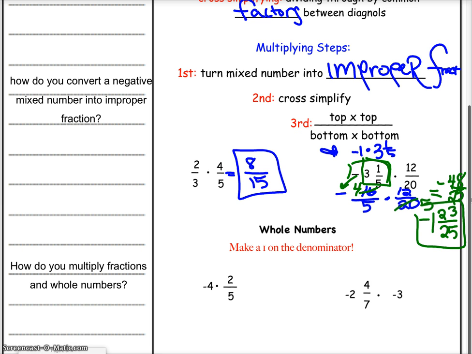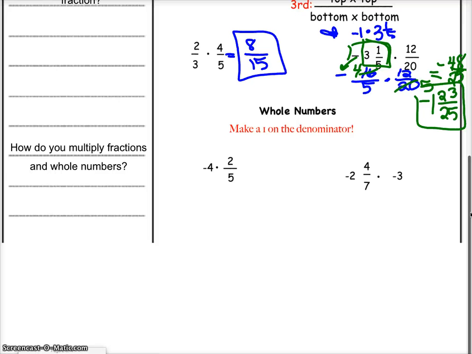Okay, Michael? No, you have to turn it into a mixed number. Have to. Okay, when you have whole numbers, just make a 1 on the denominator. So I turn this into -4 over 1. Then I cross simplify, I can't.